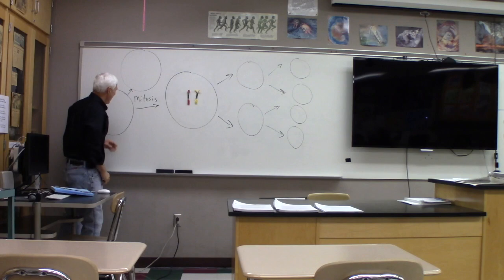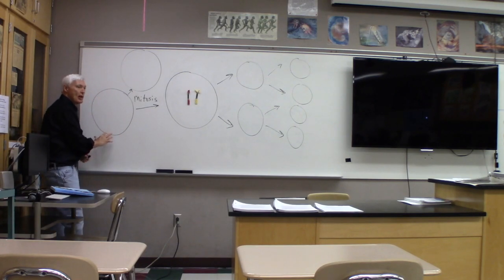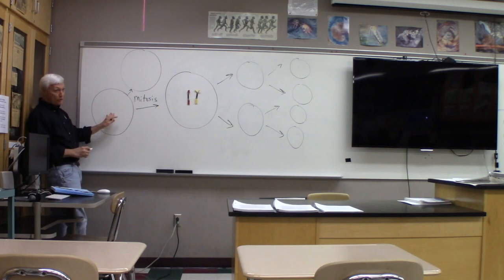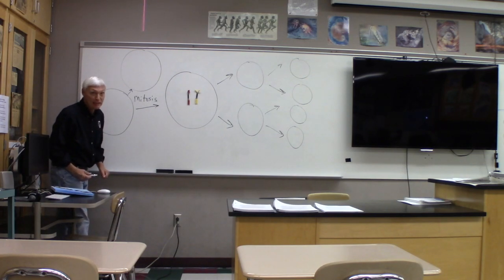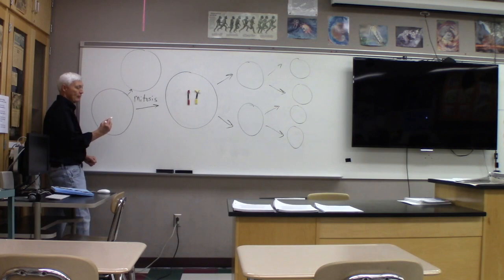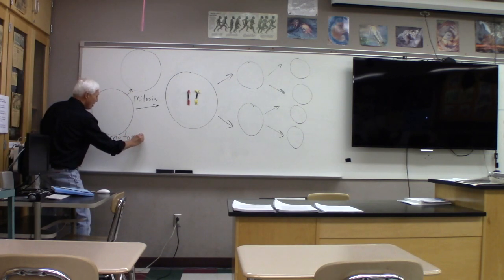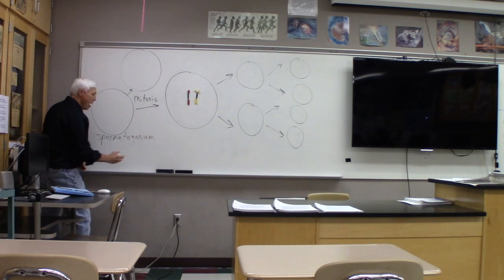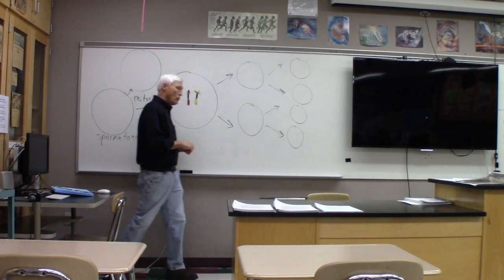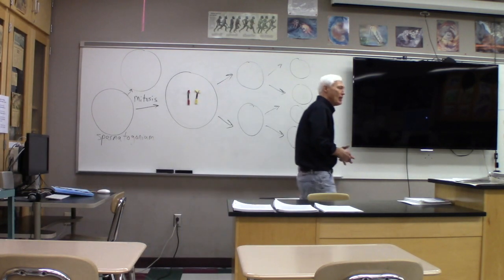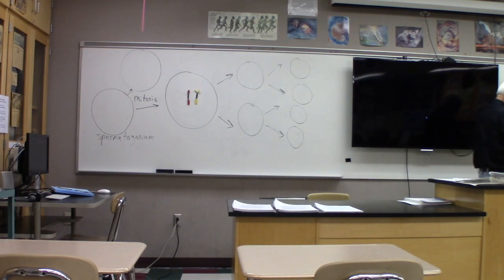I think we're going to go ahead and give this cell a name, so let's label it. Go ahead and label it like this. This cell is called a spermatogonium. Okay, here's how you spell it. Spermatogonium. That's a big word, isn't it? That's not a word most people throw around much in everyday conversation.